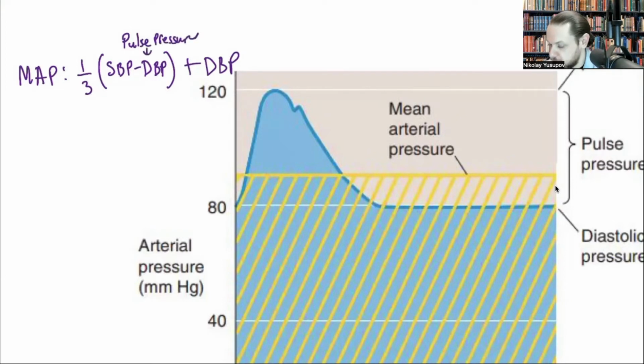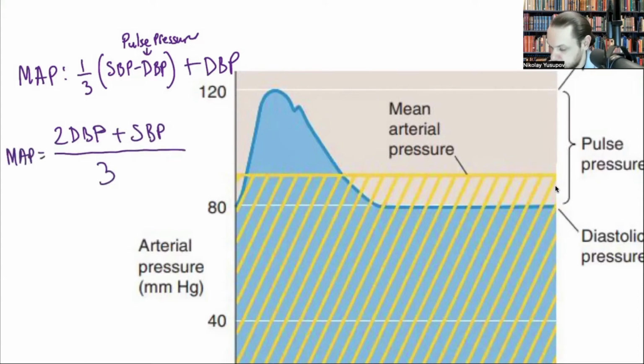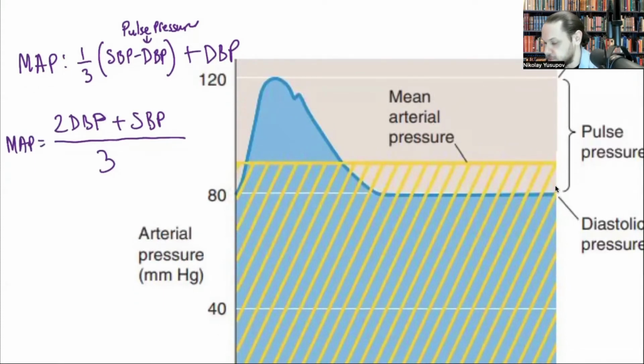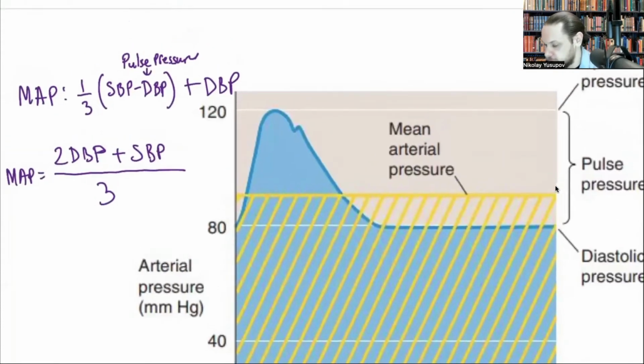And the other formula is 2 times diastolic blood pressure plus systolic blood pressure, divided by 3.